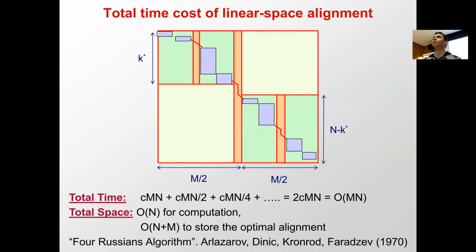I never get to 2. So that is basically only a factor of 2 worse in computation time, but a factor of n better in space. So instead of computing the full n by m matrix, I just compute 1 row at a time, find the midpoint, break it up, find the midpoint, break it up, and so on and so forth.